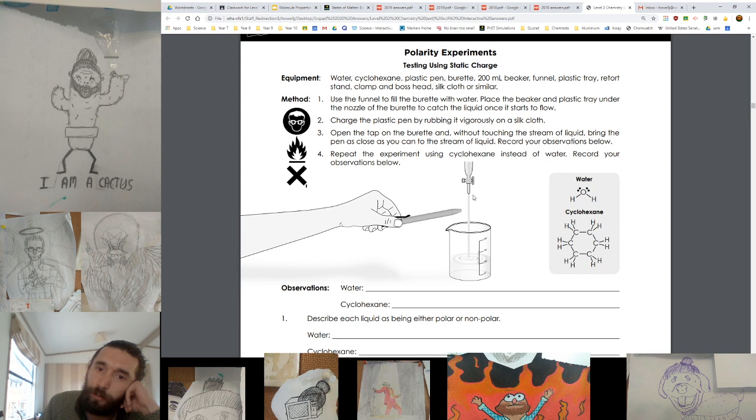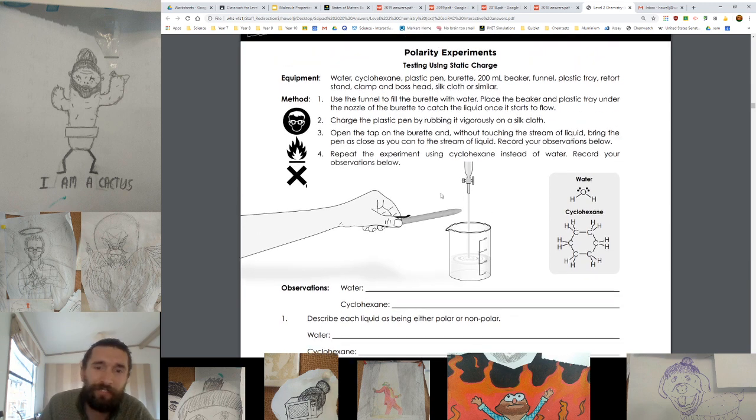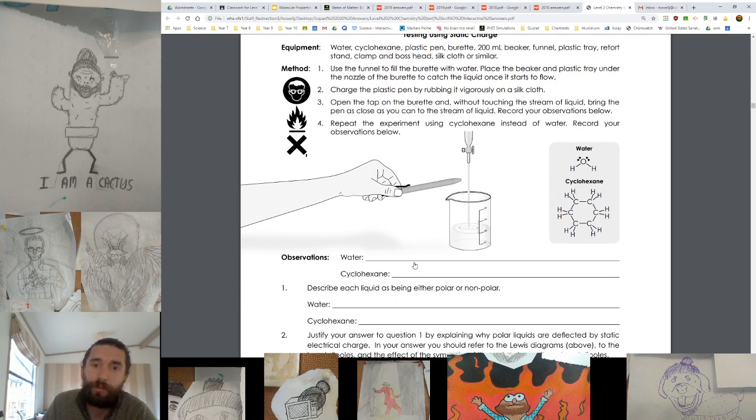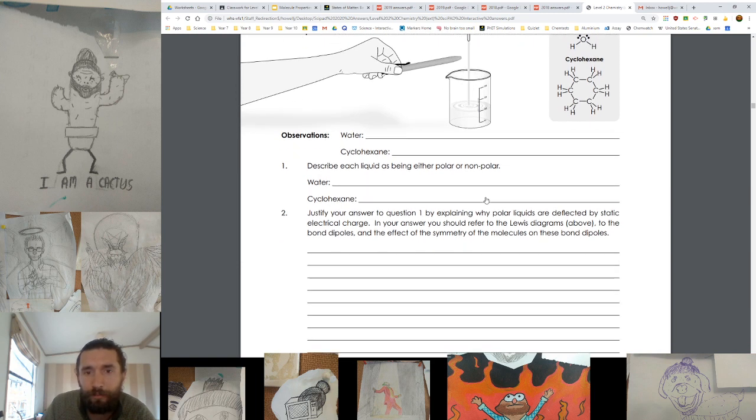If you get some water from a tap, run a pen through your hair and hold it up against the water, you may see that the water deflects towards the pen. If you try that with cyclohexane, the same would not happen. So basically you're showing one is polar and one is non-polar. Water is polar, deflected towards the pen, while cyclohexane is non-polar.